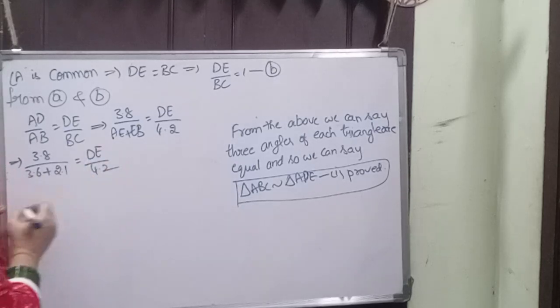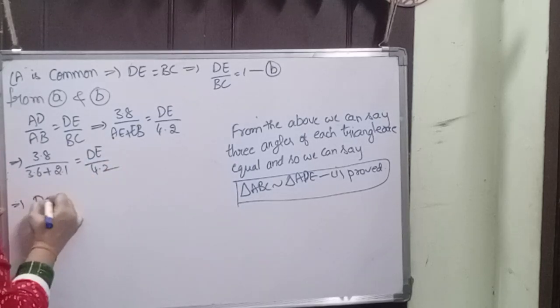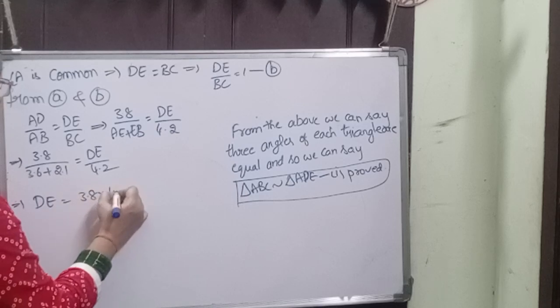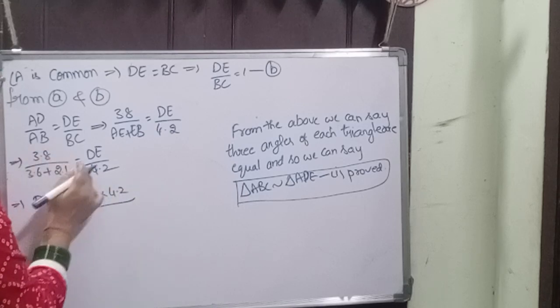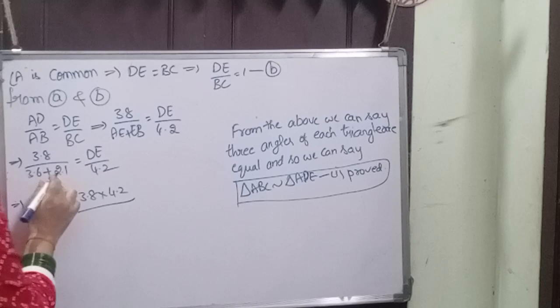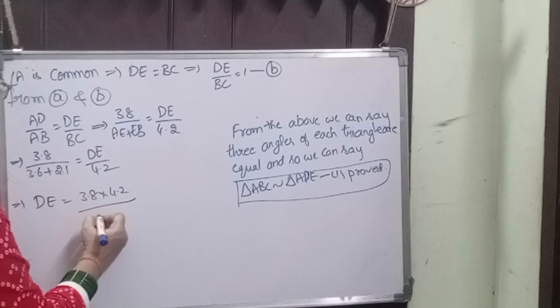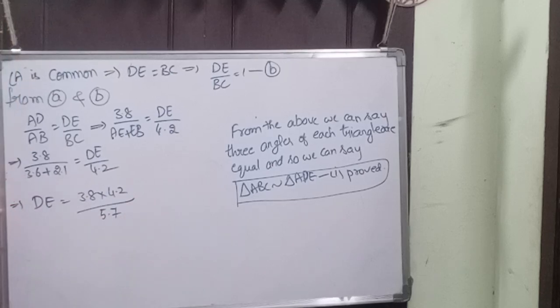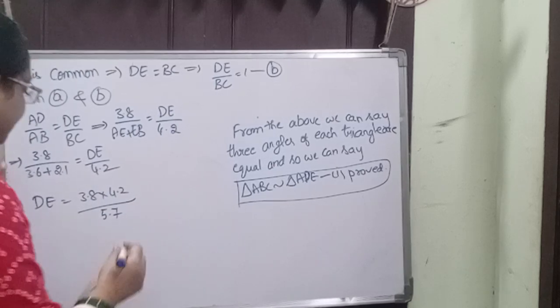Here we have to find DE, right? So DE equals 3.8 into 4.2 by this, which comes to this side, right? Here 3.6 plus 2.1 is nothing but 5.7.